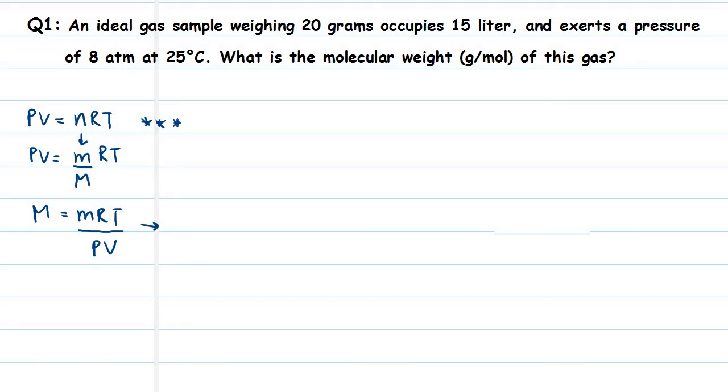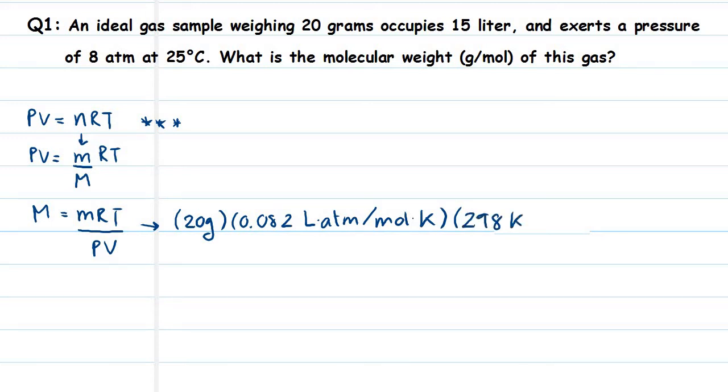So little m is 20 grams and R is 0.082 liter atm per mole Kelvin, and T is 298 Kelvin, and that should be over P, which is 8 atm, and V, which is 15 liter.